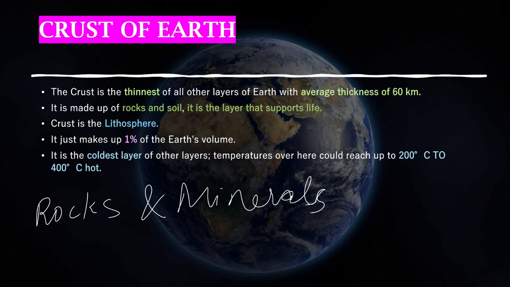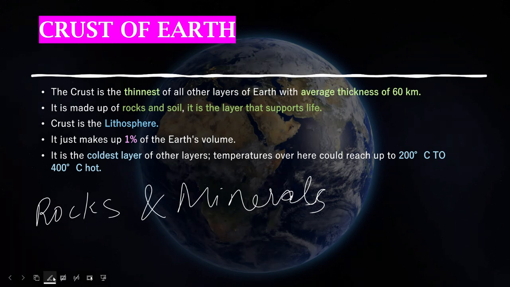It's the coldest layer compared to other layers. Its temperature may reach up to 200 to 400 degrees Celsius. It's really warm for us, but compared to other layers, it's really cold.